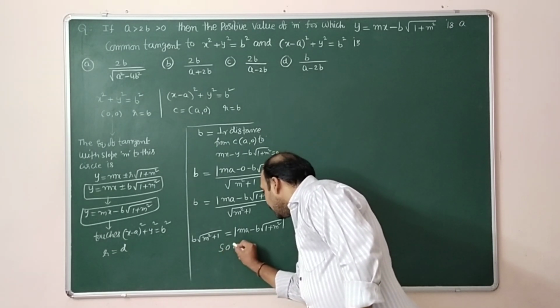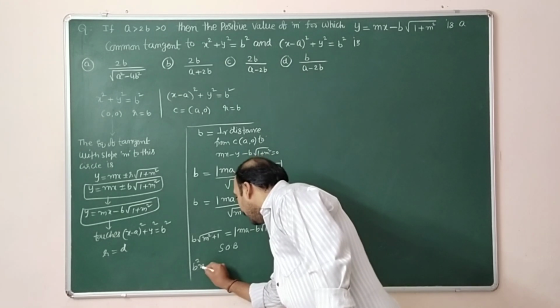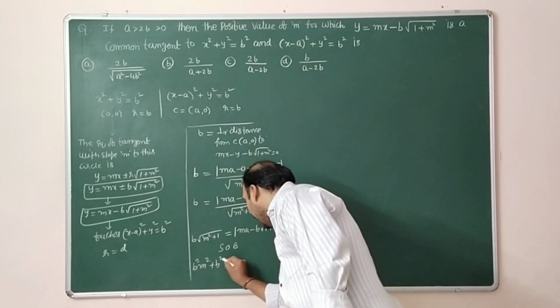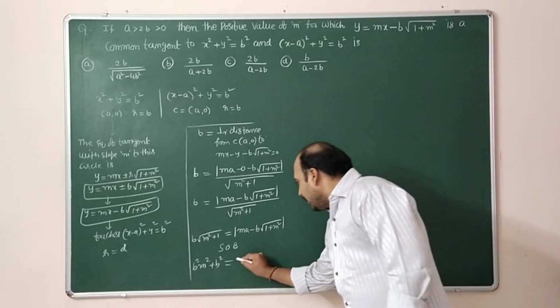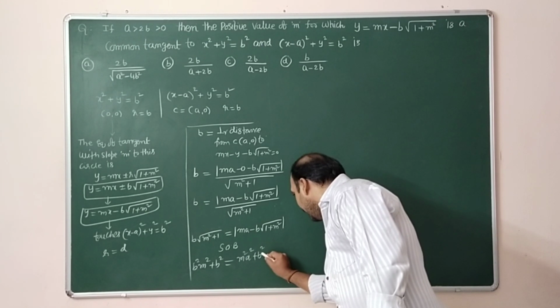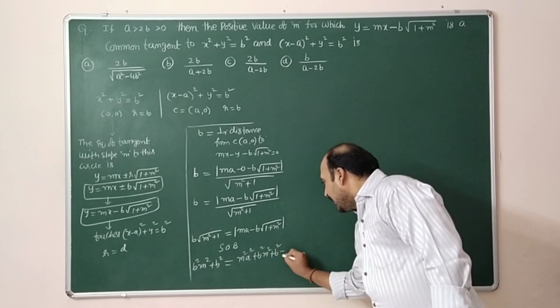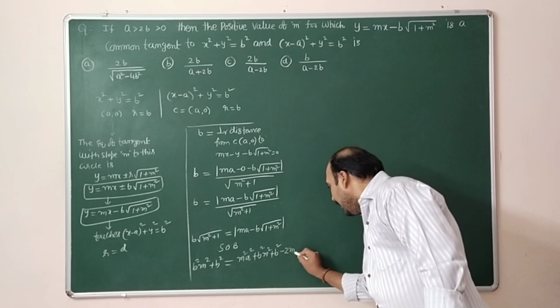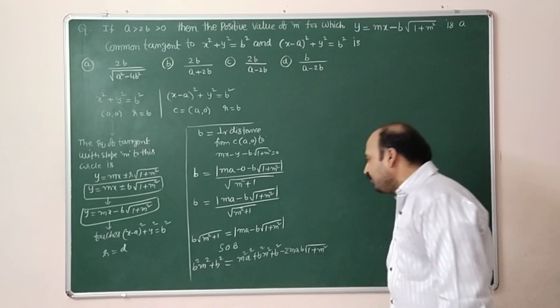Squaring on both sides, it becomes b square m square, directly I am writing, plus b square is equal to a minus b whole square expansion: m square a square plus b square m square plus b square minus 2 into m into ab root over 1 plus m square.